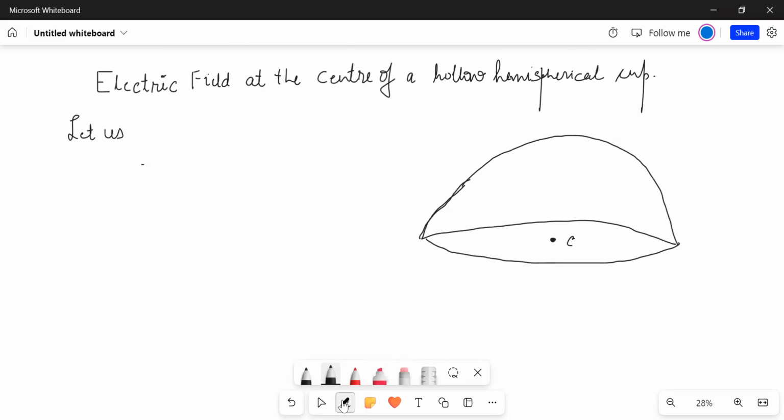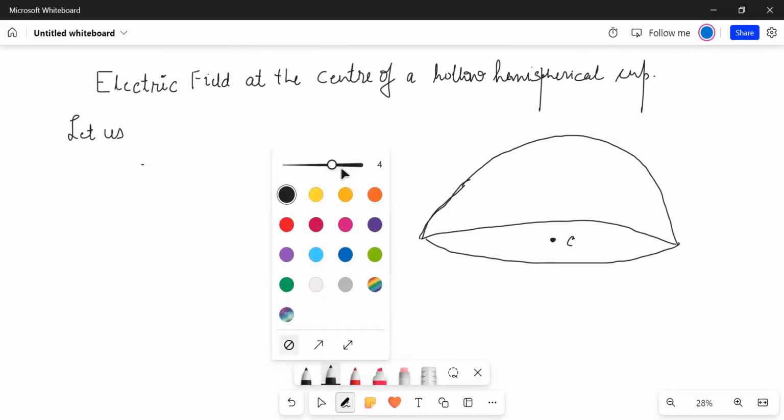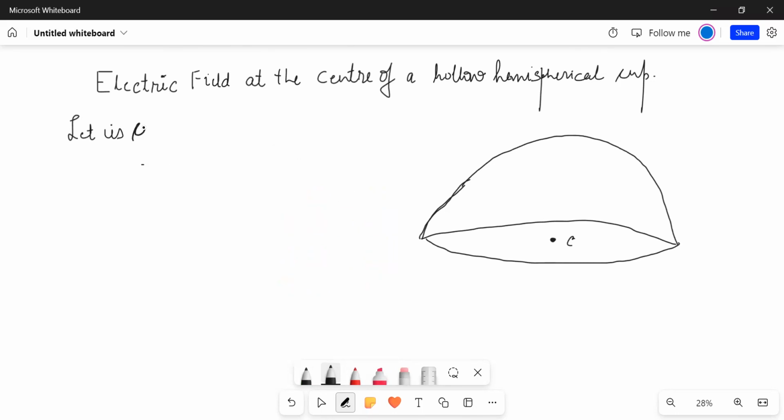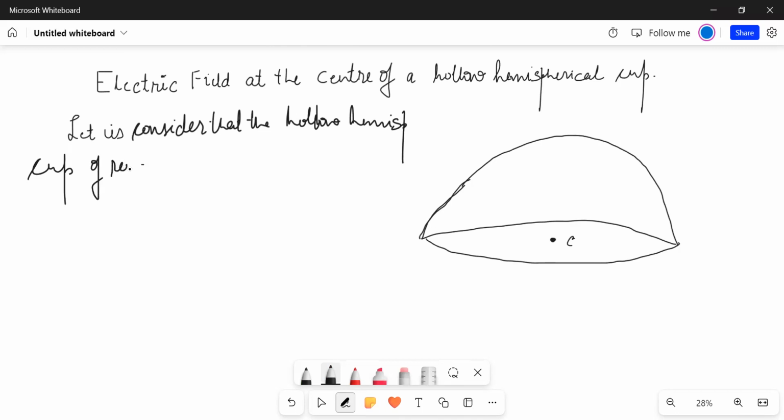Let us consider that the shown hollow hemispherical cup is of, let's say, radius r, and it is uniformly charged.